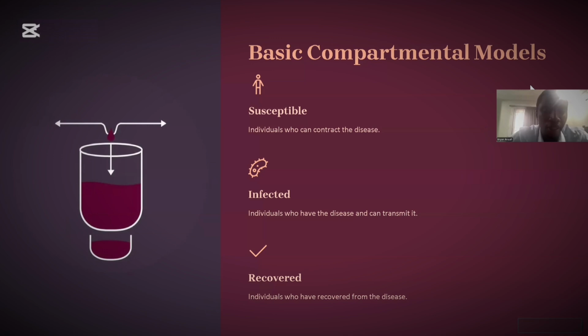We have the infected individuals, denoted by the symbol I. They refer to individuals who currently have the disease and can spread it to others. Finally, we have recovered, denoted by the symbol R. They include individuals who have recovered from the disease and are assumed to have immunity.